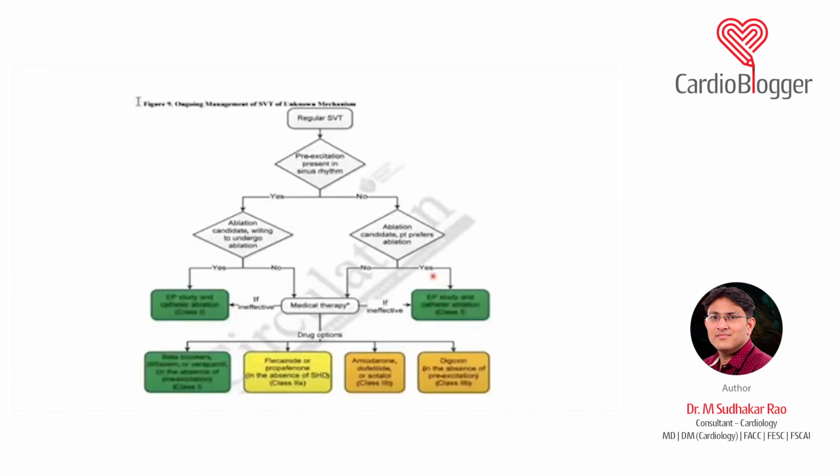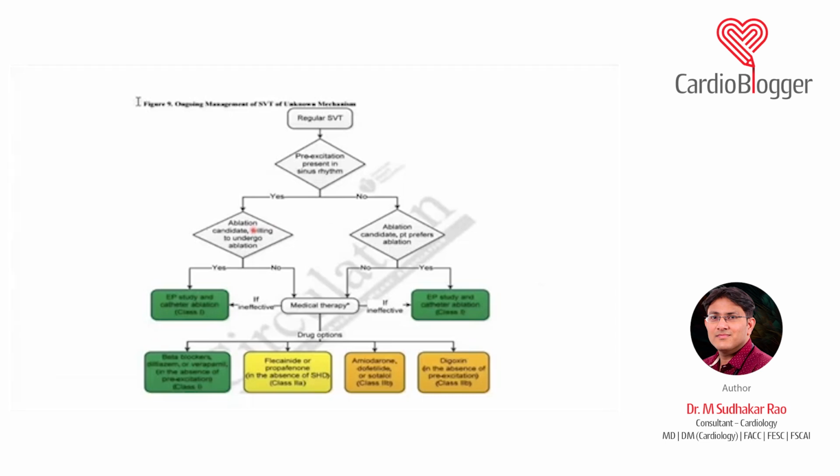Now again, the same thing. Suppose there is a regular SVT and you have reverted that, and then you see a pre-excitation rhythm. We know that when WPW syndrome does not manifest, it is known as pre-excitation. So if you see a pre-excitation rhythm on the ECG, and the patient is willing and can be ablated, the first choice of treatment is always the EP study and catheter ablation, and not medical management.